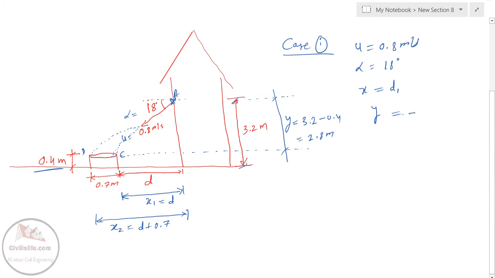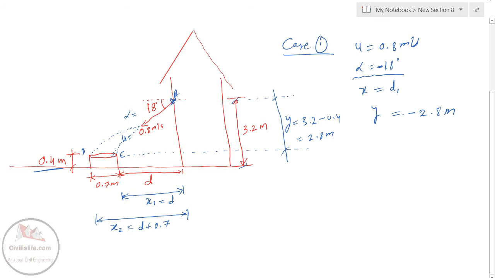So y is minus 2.8 meter. And one more thing: our assumption is that if the velocity is moving in the upward direction, then the angle of projection is positive. If the velocity is moving in the downward direction, then the angle of projection is negative. So here alpha becomes minus 18 degrees and y becomes minus 2.8 meter.